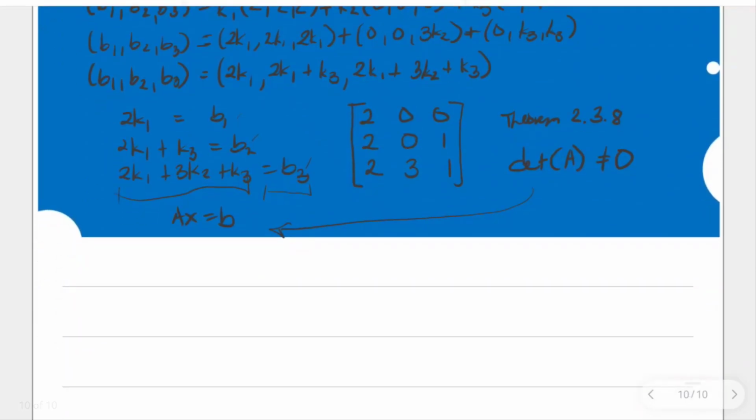If we solve for the determinant, we have plenty of processes: we can use cofactor expansion or the usual process.